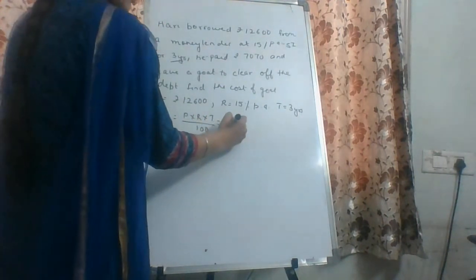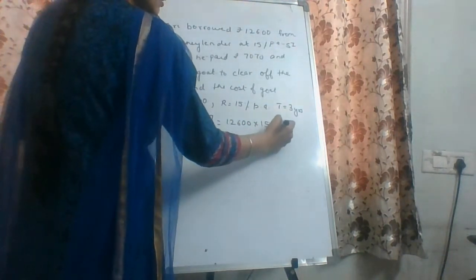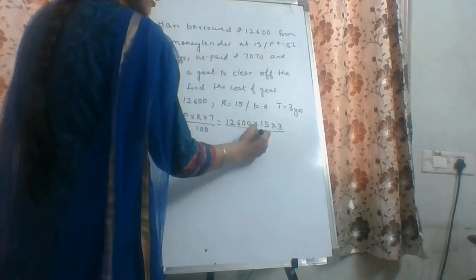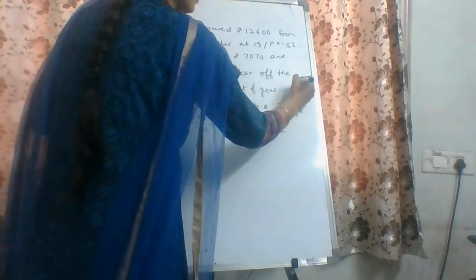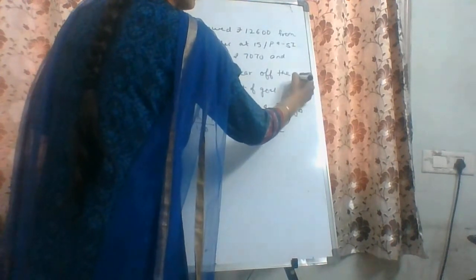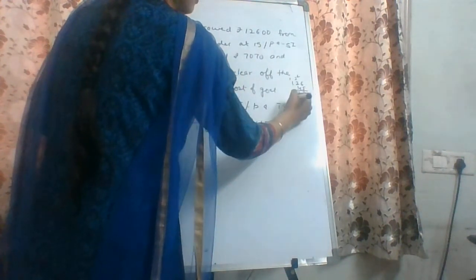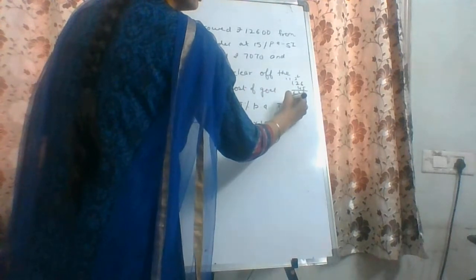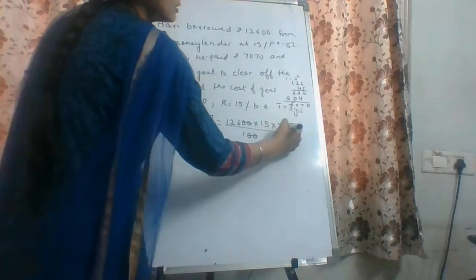This is equal to 12600 multiplied by 15 multiplied by 3 upon 100. Calculate, it is 126 multiplied by 45, which is 5670.